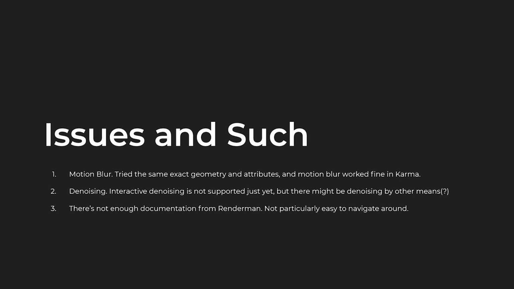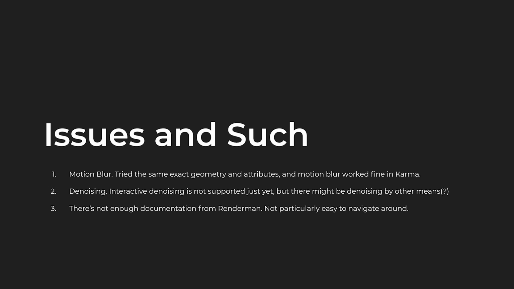I also did a test with the same geometry and the same velocity attributes and all that, and it worked fine in Karma. But when I switched it over to Renderman, there wasn't any motion blur. I tried changing the velocity attributes, multiplying it by 2, multiplying it by 100, nothing changed.